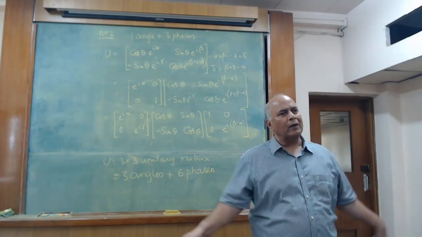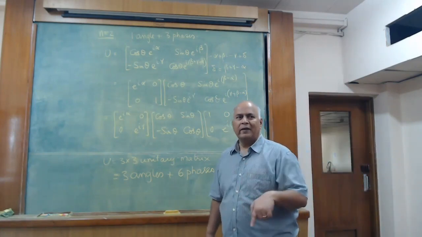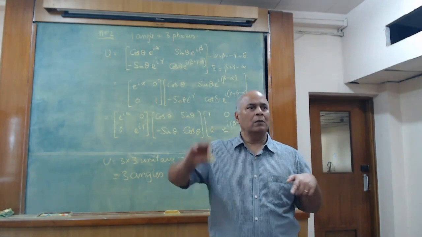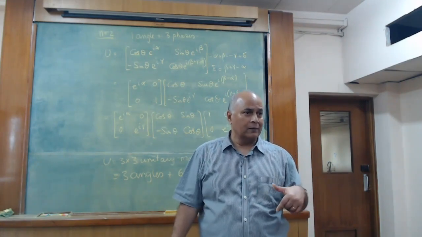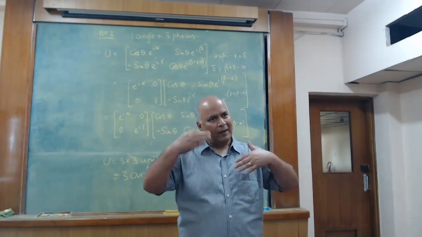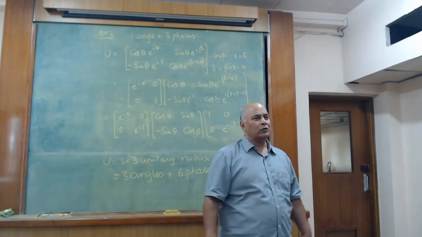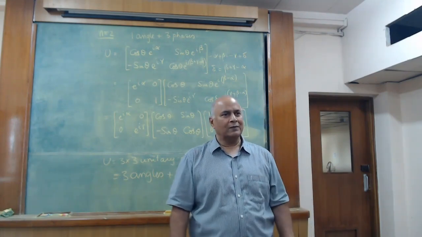There is no way I can pull it out. And if it remains embedded in the matrix, it is going to affect my neutrino oscillation probabilities. And so, if I make a careful enough measurement of my neutrino oscillation probabilities, I can find the value of this phase.